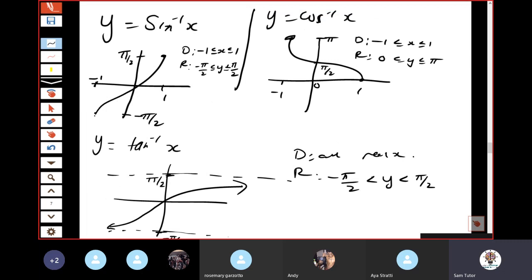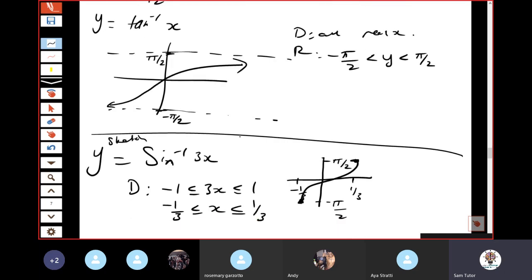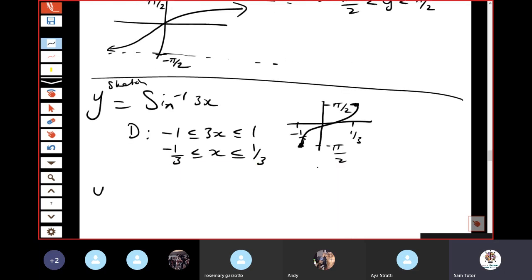These ones started and stopped. This one goes on forever this way, goes on forever this way. But there's no more on top or on the bottom. It's limited just to that and that. This just says goes on forever because it's approaching this asymptote. Does that answer that question?